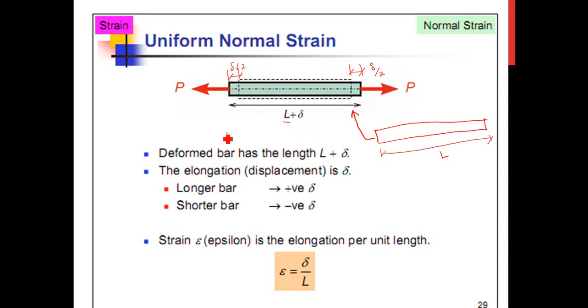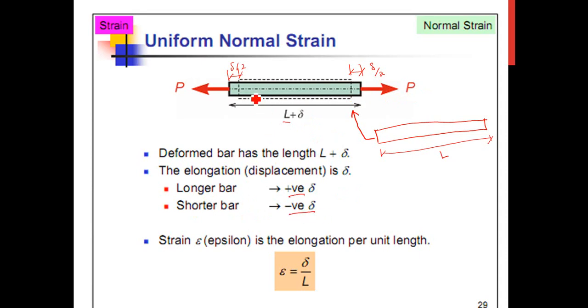This delta is the elongation or the deformation of the material when it is subjected to the load P. Here the value of the delta can be positive or negative.